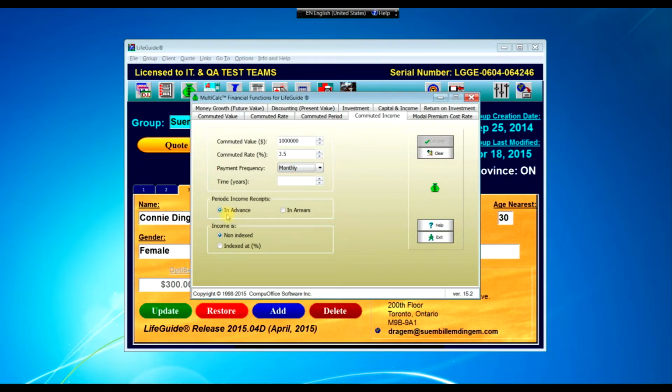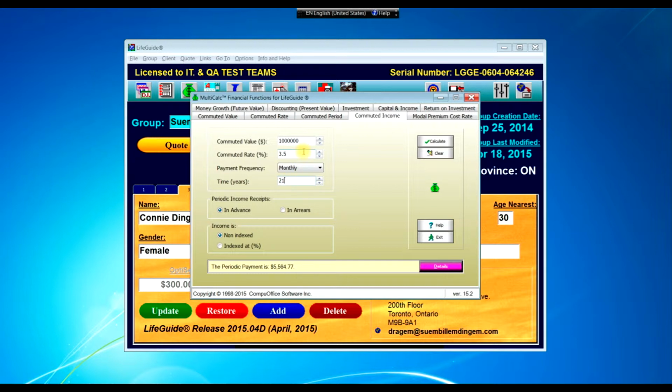We would like the payments at the beginning of each month, non-indexed, in other words fixed. They'll remain the same, and we want it over 21 years.